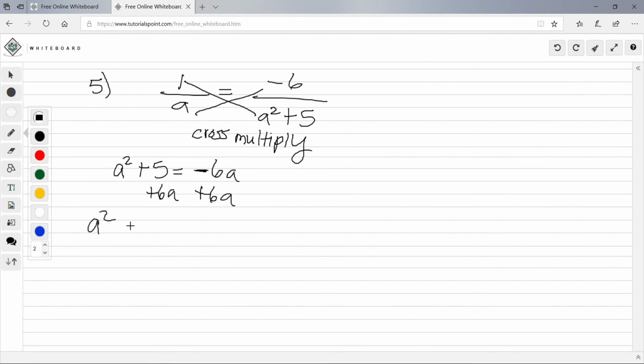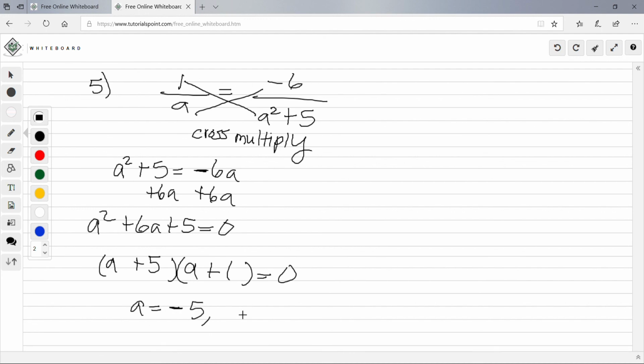So a squared plus 6a plus 5 equals 0, and then let's factor this out. So that's a, and then what two numbers multiplied give you 5, when added, give you 6. So I will use positive 5 and positive 1. So we get a equals negative 5 and a equals negative 1.